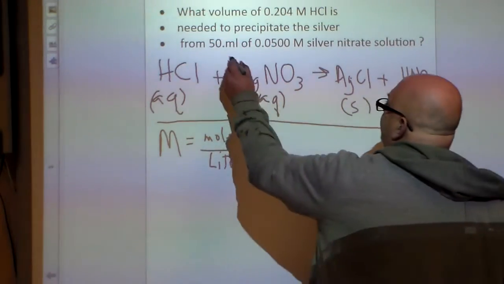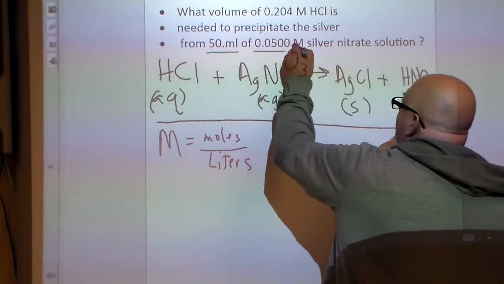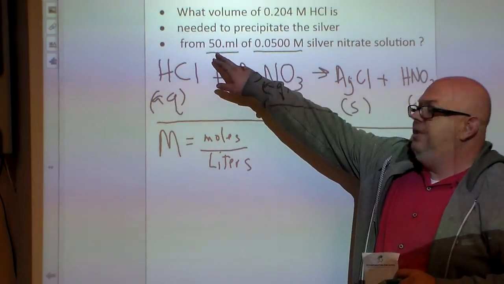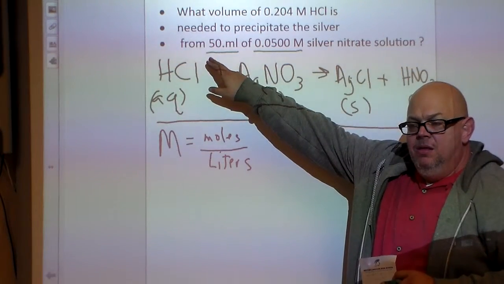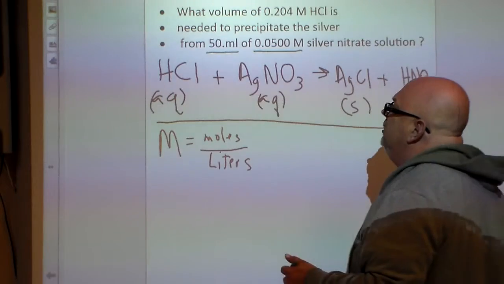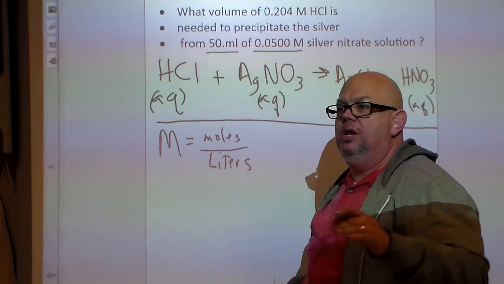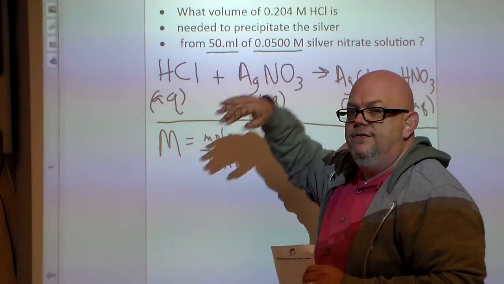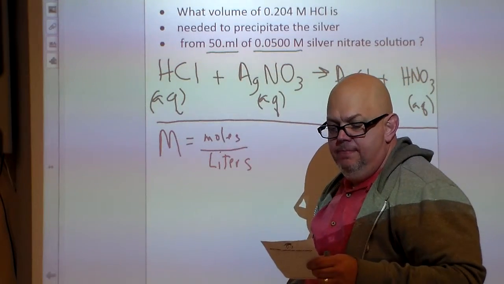They told us we have 50 milliliters of 0.0500 molar. Well, I know I can't plug that in. For that, I have to change it to liters. How many milliliters are in a liter? 1,000. So it's going to be 50 divided by 1,000.